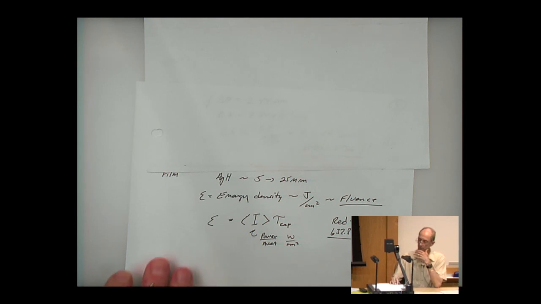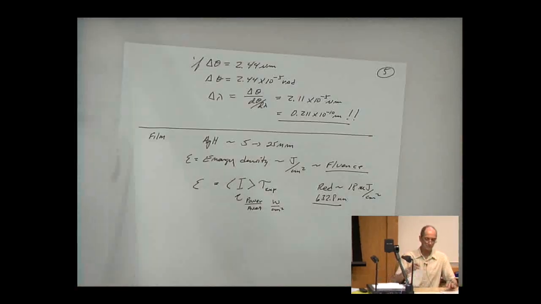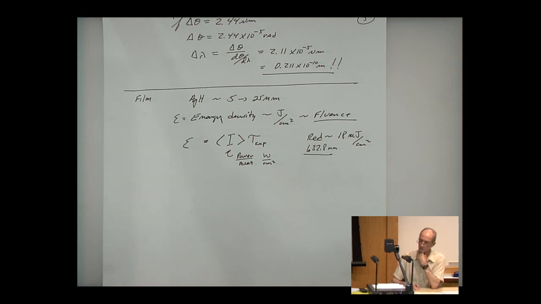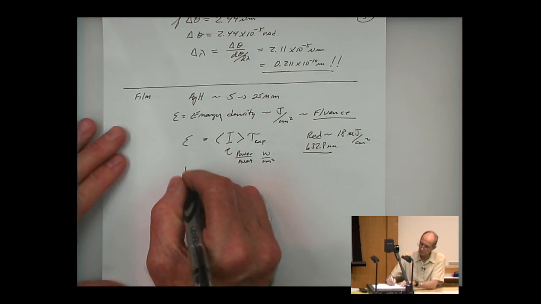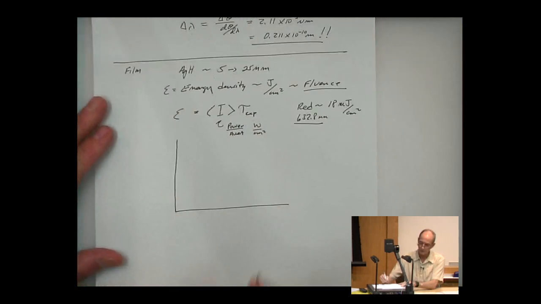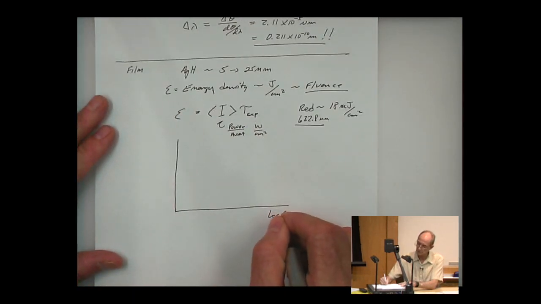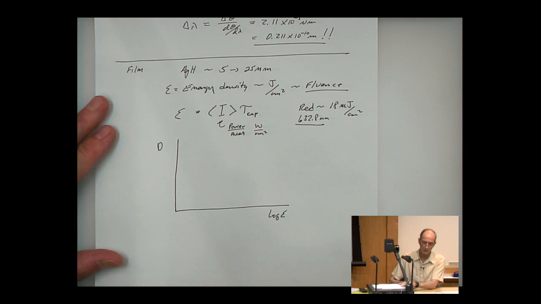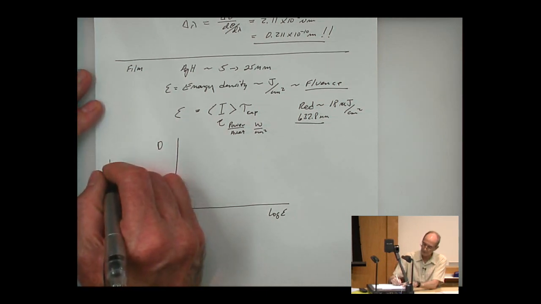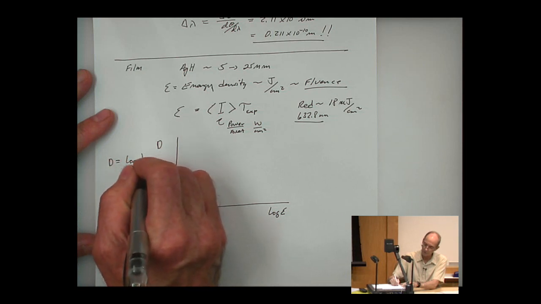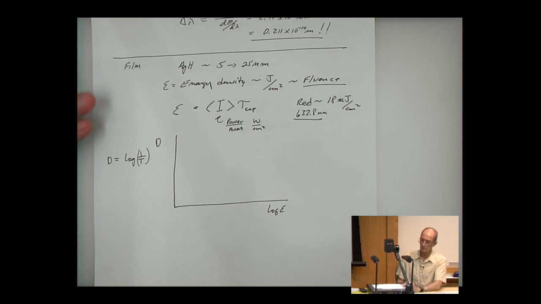how do we get at some of these things? If we look at a material, and let's stay with silver halide material for now, what happens when we expose a silver halide film? So here we'll take the log of the exposure, and here we'll have the optical density, D. This optical density, D, is equal to the log of 1 over the intensity transmittance.